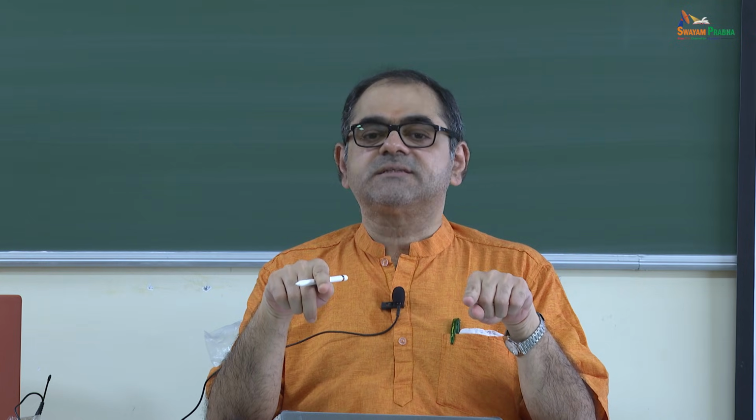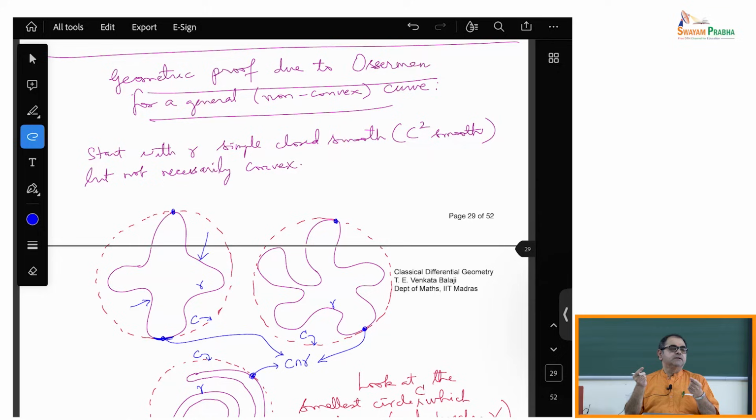As a result, you will have at least 2 points in the intersection of this curve gamma with the smallest enclosing circle, because if there is only one point of intersection, it is obviously in an open semicircle, and that is not allowed.